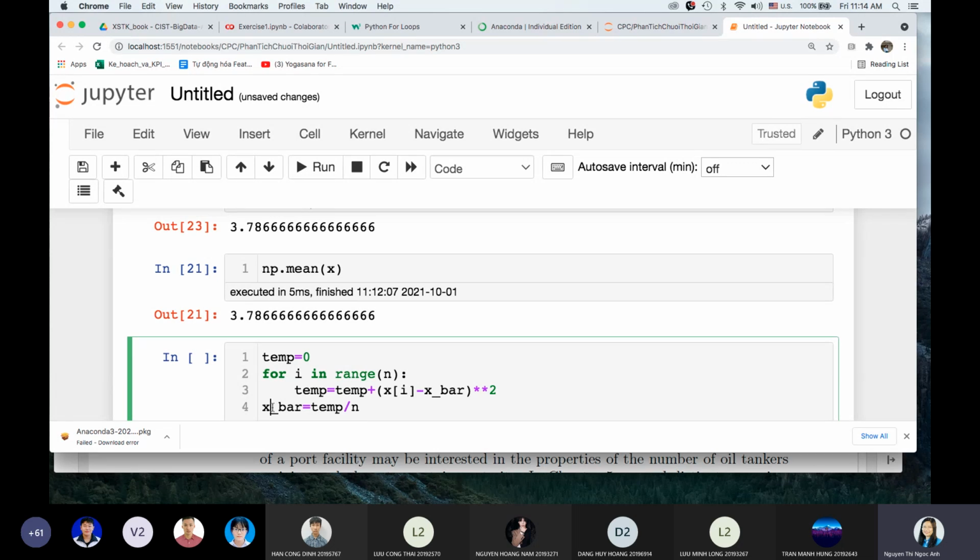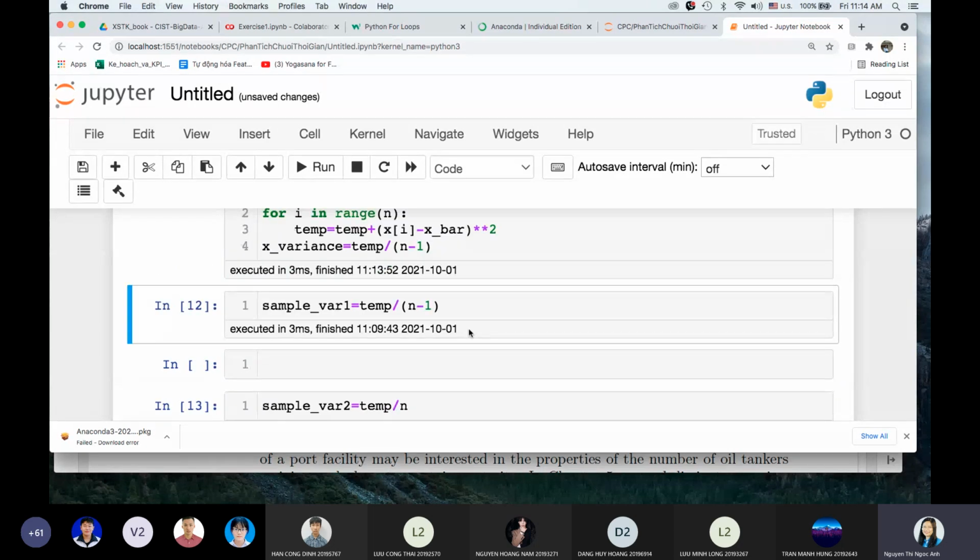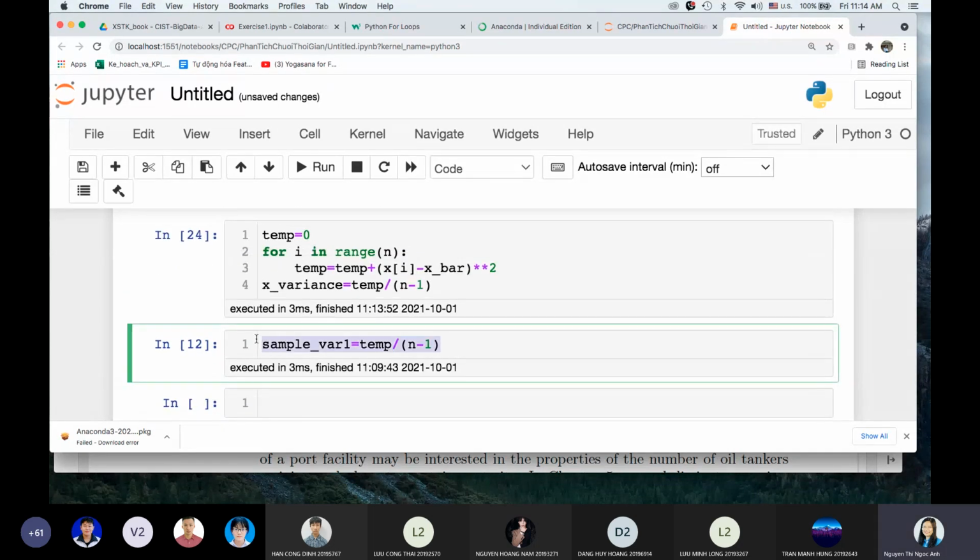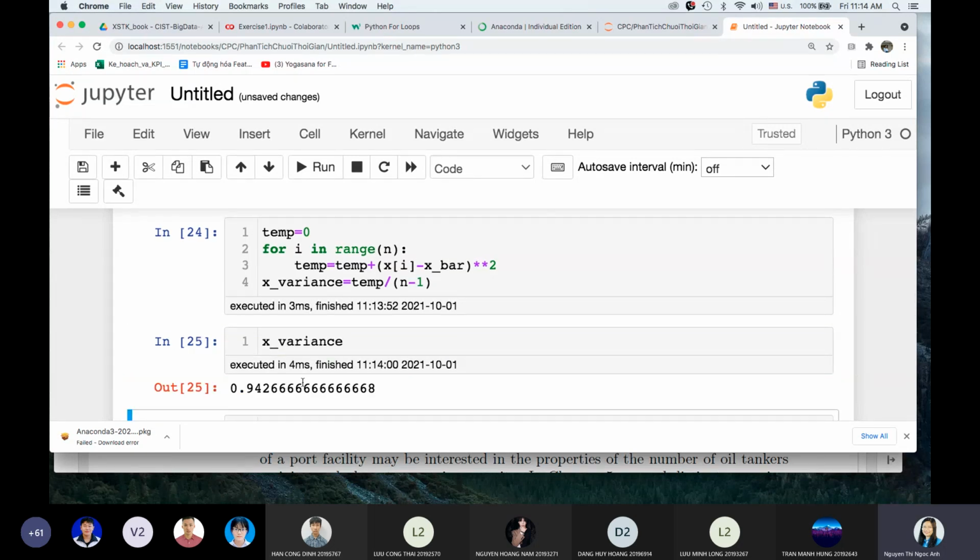Sample variance, x variance, is temp over n minus 1. Okay, so we show the x variance here.